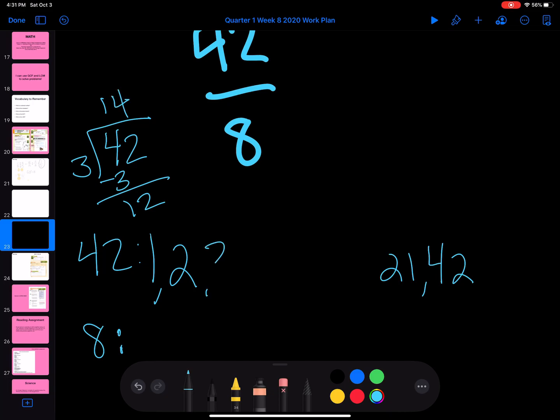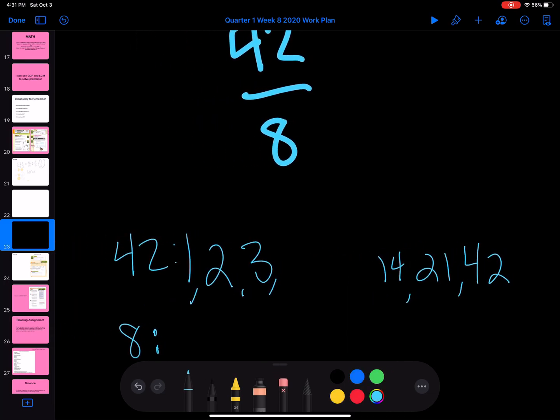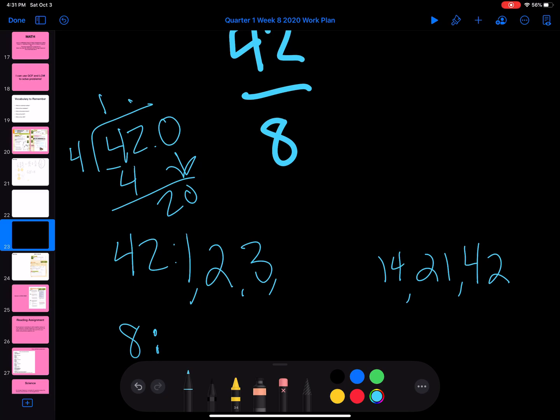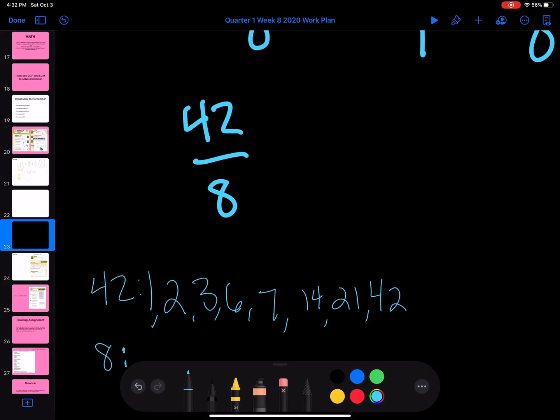Yep, so 3 times 14 is 42. And does 4 fit in? I feel like it does, but I don't know. 4 fits into 4 one time. No, because then I'd have to bring down. So nope, 4 does not fit. I know that 5 doesn't, and I know that 6 times 7 does. So those are my factors of 42.